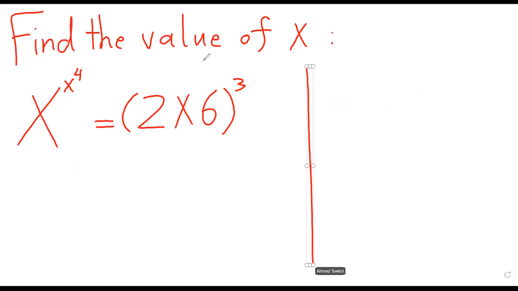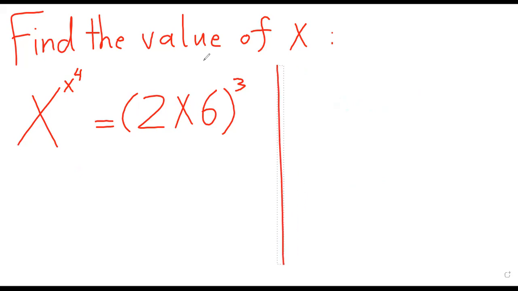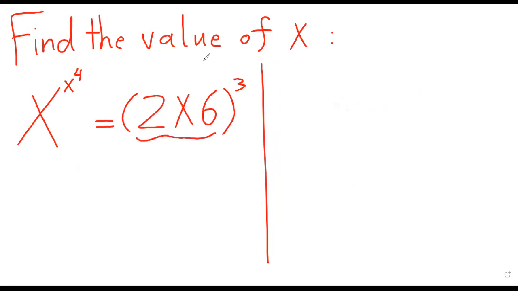So let's do it. Okay, there it is. So I'm going to multiply these two numbers at first. So I'm going to say that x to the power of x to the power of 4 equals 2 times 6, which equals 12, raised to the power of 3.